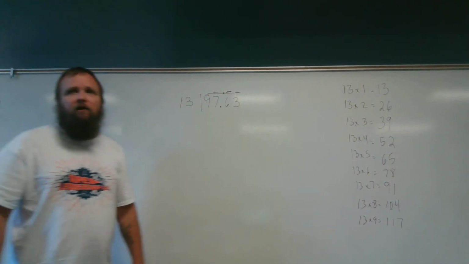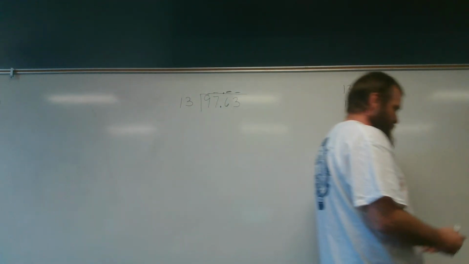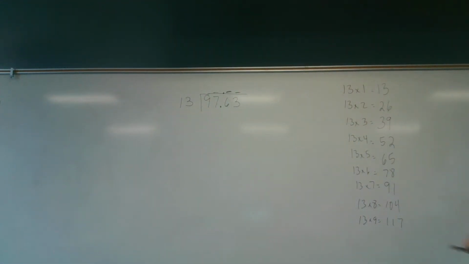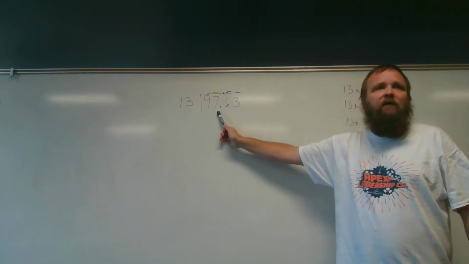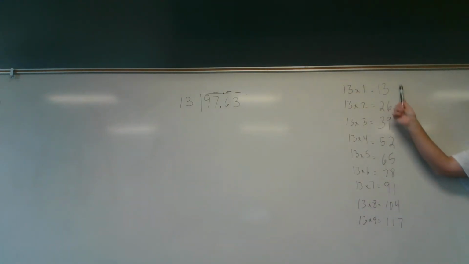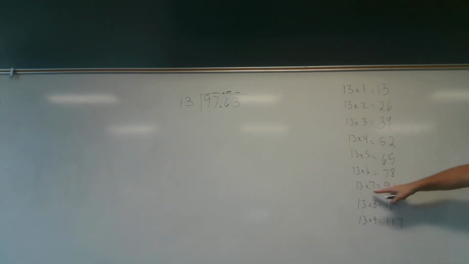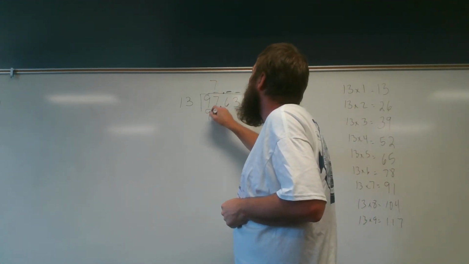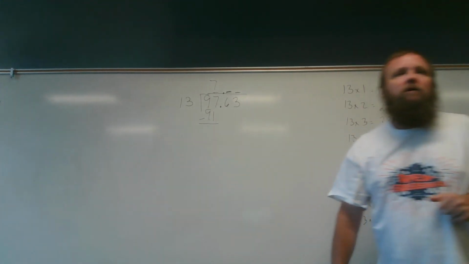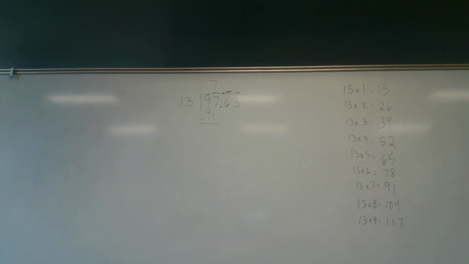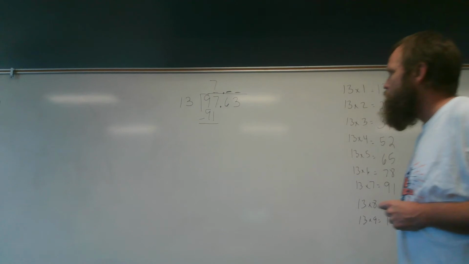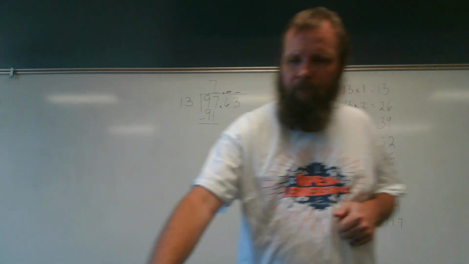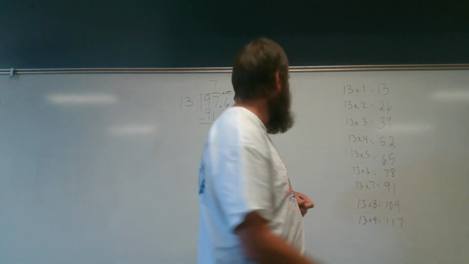So now, Mason, I look at my multiples of 13 over here. You said it's going to go into 97. I need to find a multiple of 13 closest to 97 without going over. 7. 13 times 7 is 91. Mason, 97 subtract 91 is 6.